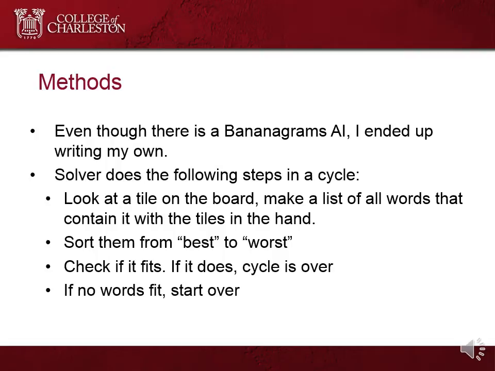After this step, the program checks if the word fits by making sure it doesn't take up any spaces that are already occupied and that any other connections it might make with other words on the board are themselves still real words. If the word does fit, the next cycle can start. If no words fit after checking all the tiles on the board, then the program takes all the tiles off the board and starts over.